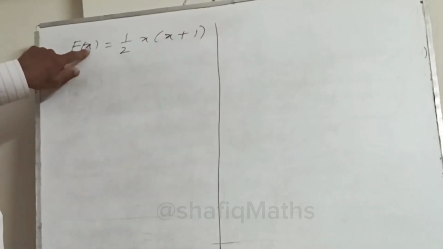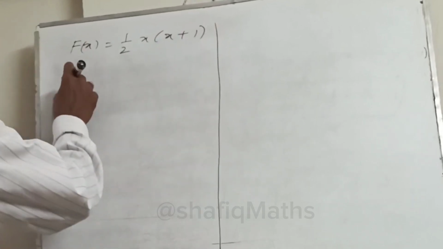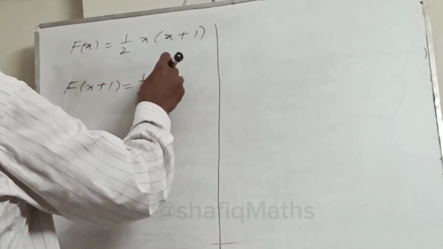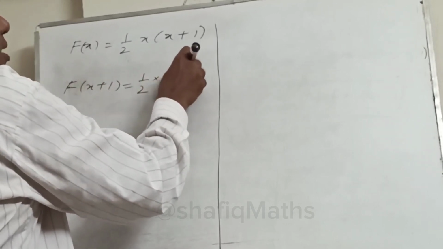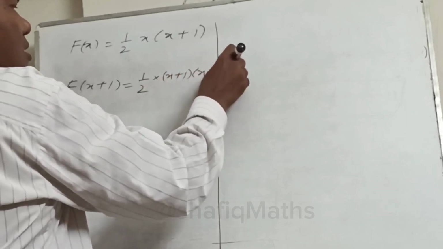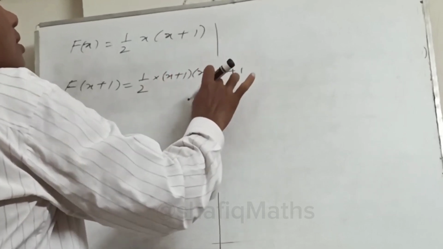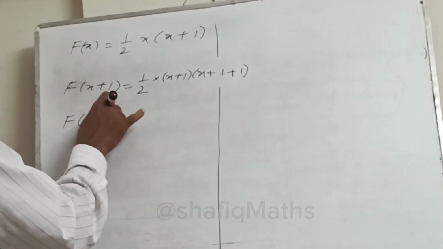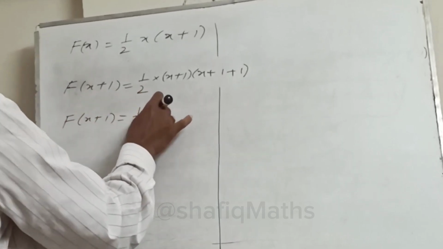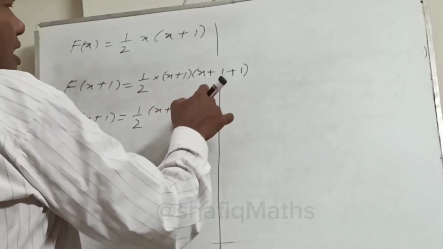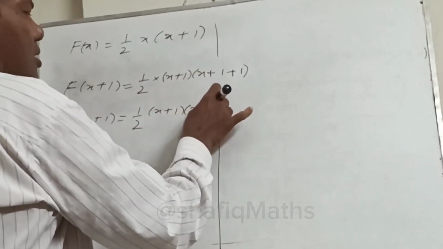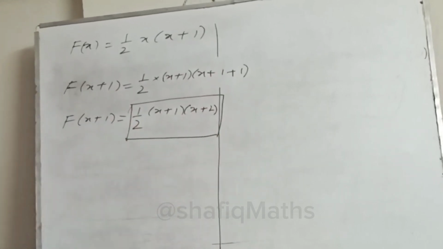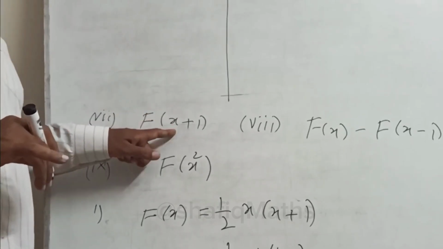If you replace x by x plus 1, this expression will be f(x plus 1) equals 1 upon 2 into x plus 1 into x plus 1 plus 1. And now we have x plus 1, 1 upon 2, x plus 1, and this would be x plus 2. This is the answer of our seventh part of the question, that is f(x plus 1).